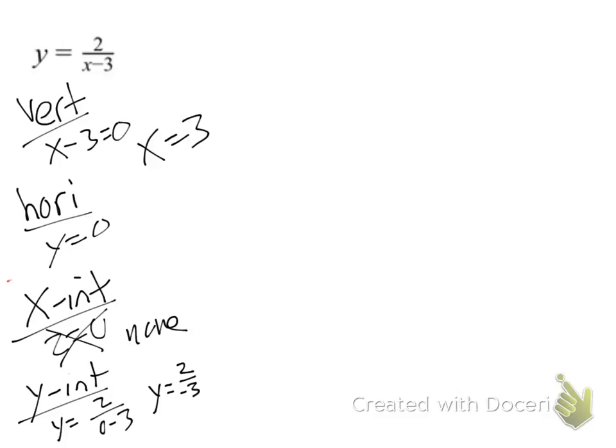What's the x value? 0? It's 0, negative 2/3. That's the official point, because that's the point of the y-intercept. All y-intercepts have 0 comma something. All x-intercepts have x comma 0, right? So be careful on that.